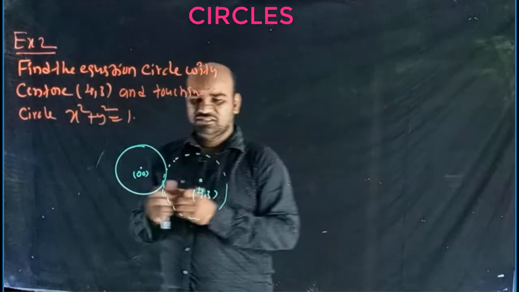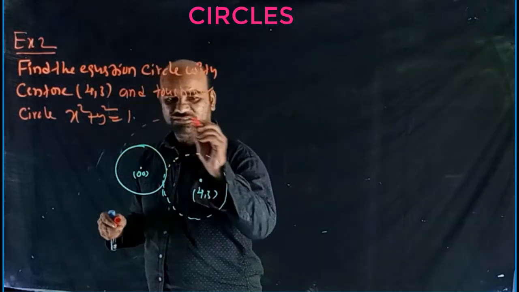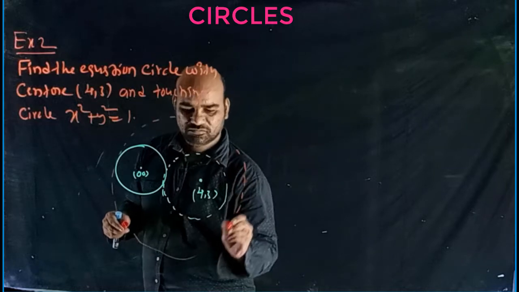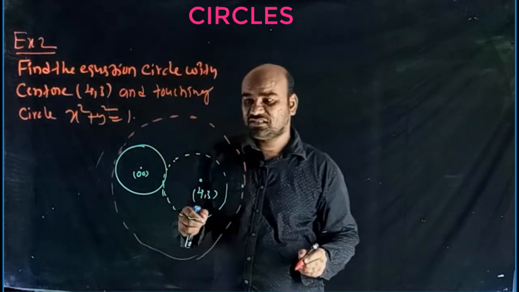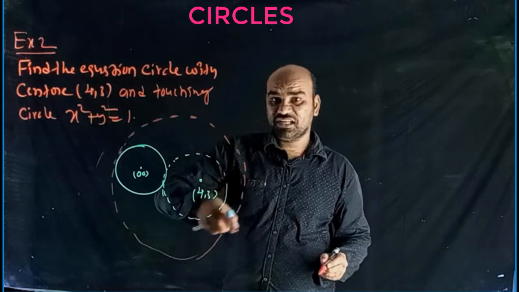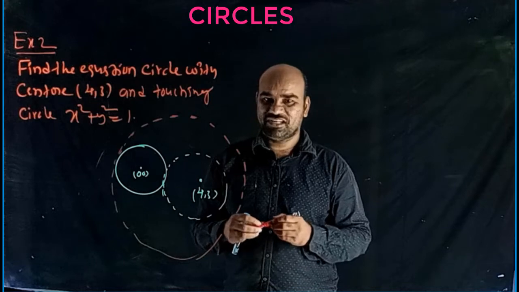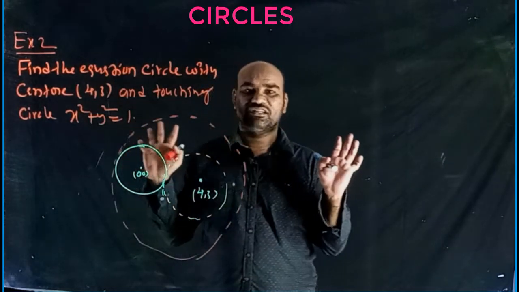One more case also will arise. This may be the circle. In this case, the required circle touches the given circle internally. Two cases will arise. So finally, we want to find the radius of the required circle.